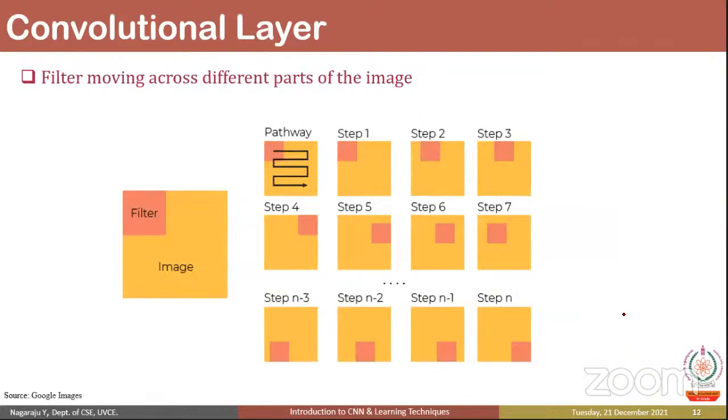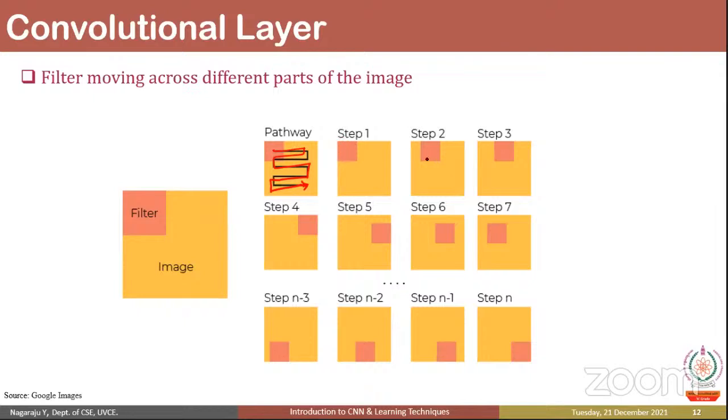The next thing is how we apply a filter on a particular image or input. We start from the top left corner and move towards the right side, and then we come back to the left, and again we go right and come back to left, until we reach the bottom right corner. In this fashion we apply filters to extract the features.